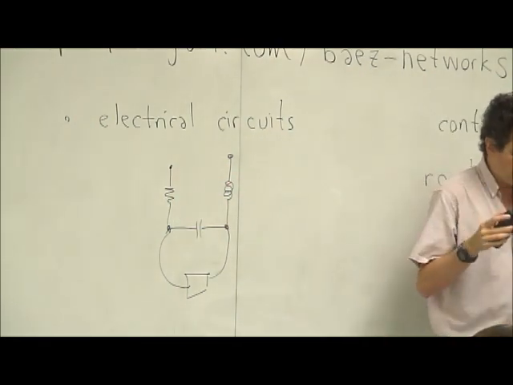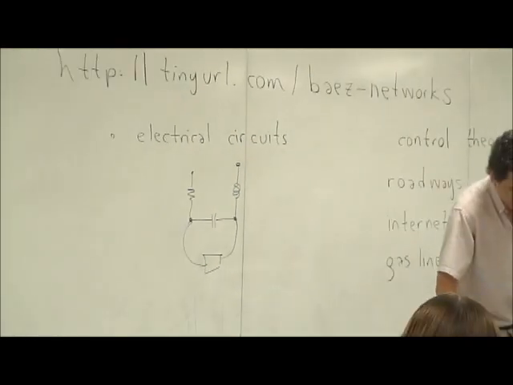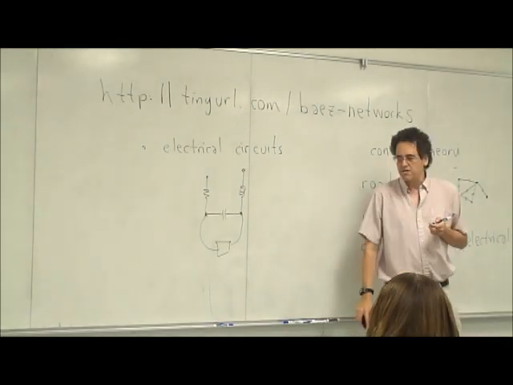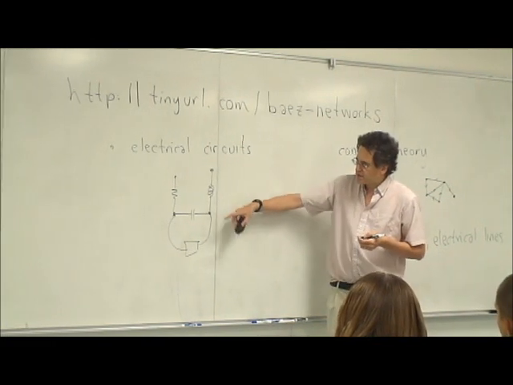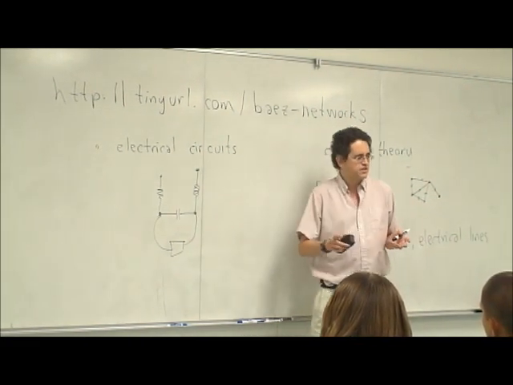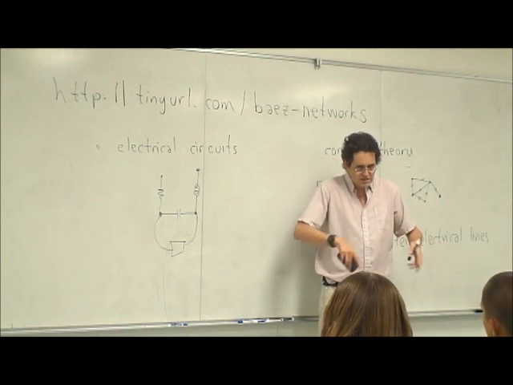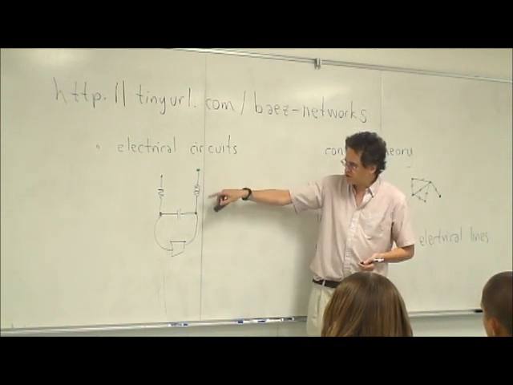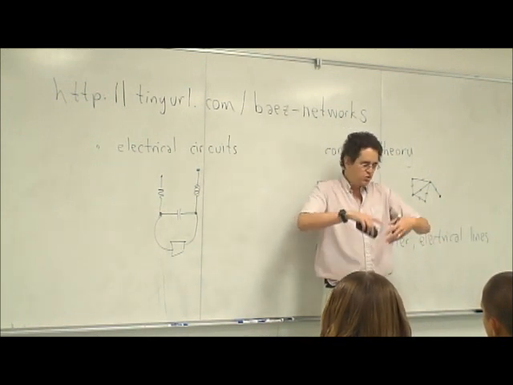So people have, especially before the days of digital signal processing, developed quite a fine art of constructing electrical circuits such that the time evolution of the current along the edges would do something you wanted.